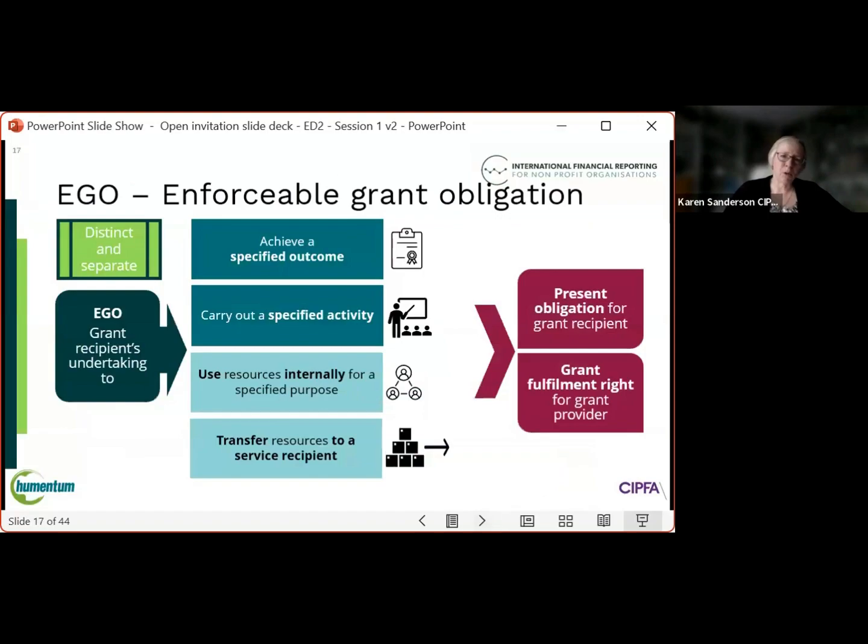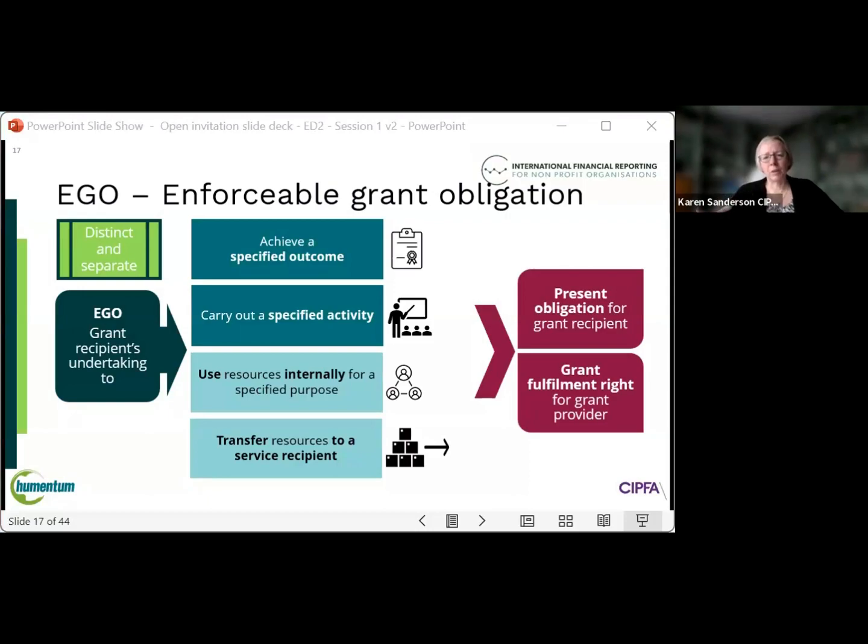So an enforceable grant obligation describes the activity or the action that an NPO has to take to be entitled to the grant. It needs to be distinct and it needs to be separate so that both parties can monitor that particular activity and know what progress has been made and whether it's been completed and whether it's been done.